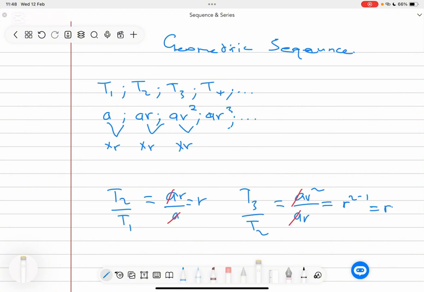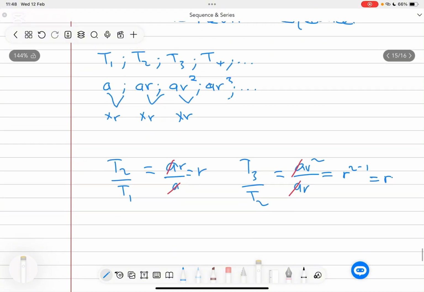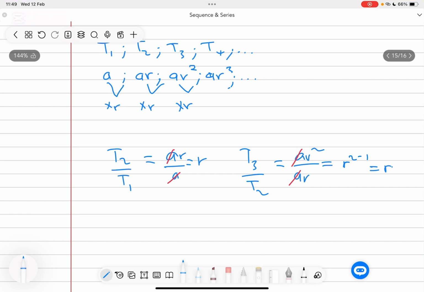Now, what this means is that we have the same number R when we divide. This would make sense because multiplication and division are reverse processes. So if I multiply by R going in that direction, then if I go in the reverse direction by dividing these successive terms, I should also get the same R. For that reason, we say that R is actually a common ratio.